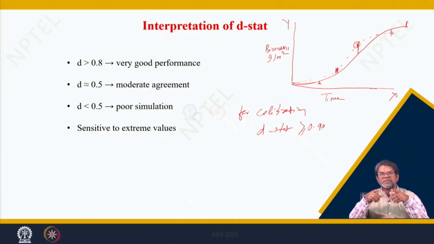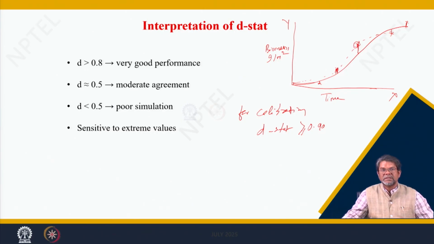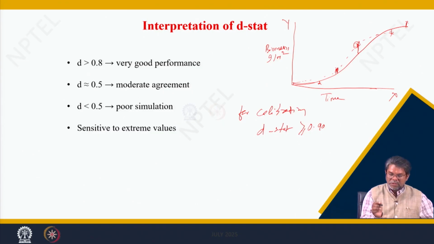For validation, since you are testing the model performance with an unknown data set, the validity of the calibration can be indicated through the validation process. If during validation the d value is greater than 0.8, we can say the model is performing very well.